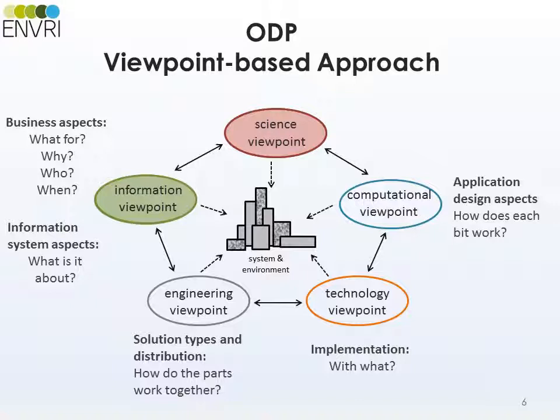Also, the information viewpoint and the computational viewpoint, focusing on critical data and computation requirements needed by all environmental research infrastructures. In a future implementation, it is foreseen to include also the engineering and the technology viewpoints. But in this presentation they will not be addressed in any further detail.